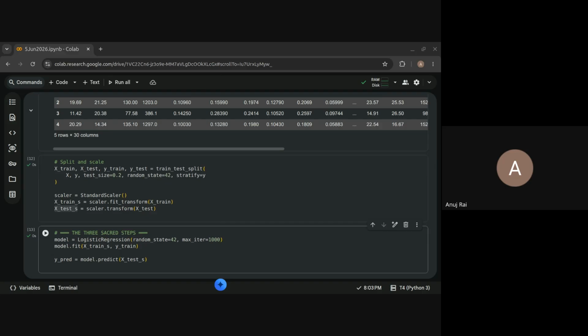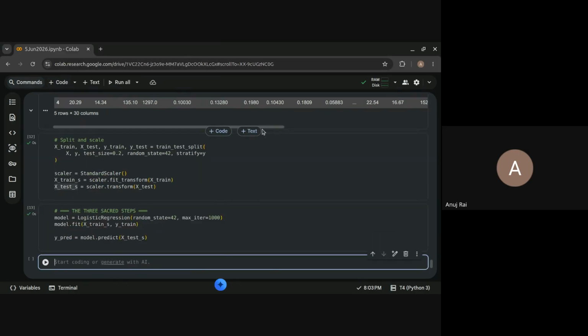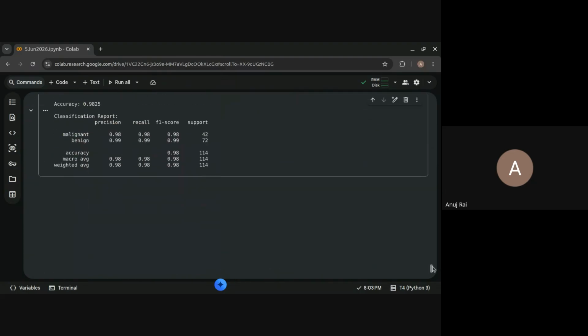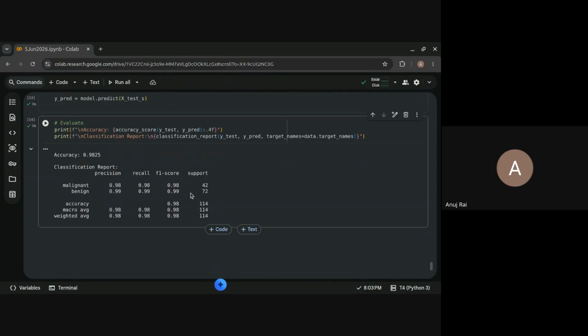Similarly, we can see the accuracy score and classification report. Accuracy is 0.98, and in the classification report precision is around 90. For malignant, it is 98% and 99% accurate.